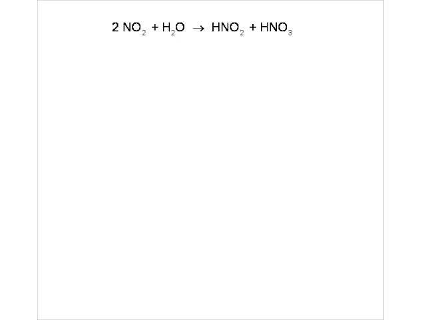Here's another one. Let's look at this guy and see if this is redox. Is this redox? Well, let's look at it. Again, real quick here now, oxygen is -2. Don't worry about the 2 in front. It's not going to have any meaning for us. So 2 times 2 is -4, so that makes nitrogen +4. Oxygen is -2 when it's bonded. Hydrogen, therefore, is +1. Oxygen is -2. Hydrogen is +1.